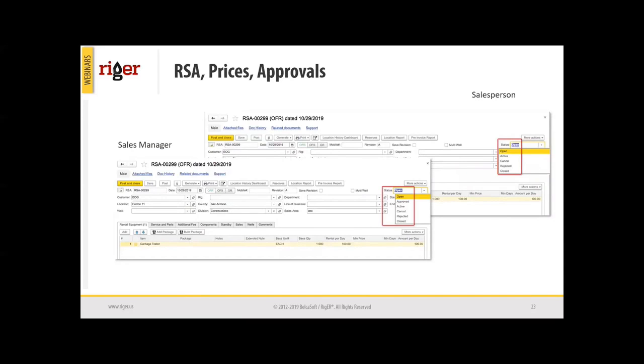Now the RSA prices and approvals. When a new RSA is added in the system, only a user with the assigned function of RSA approval can approve the RSA. The RSA approval function is a part of the function matrix, and it can be assigned to a particular user in Rigger.